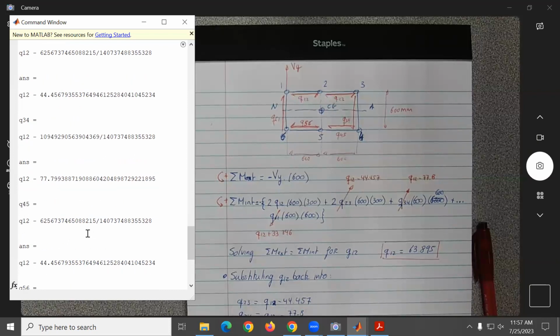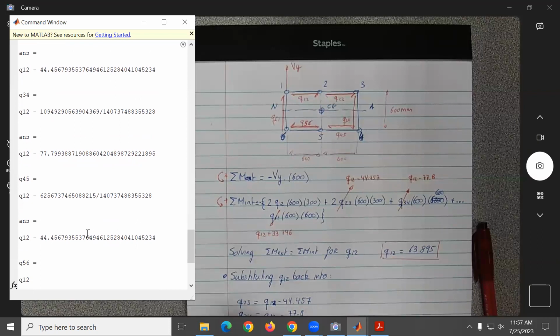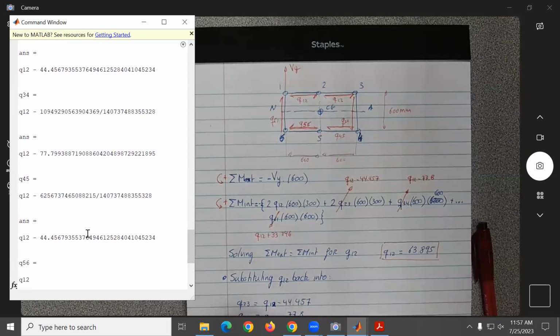Q45 is equal to Q12. That one I already have, minus 44.457. Q56 we derived today is equal to Q12.